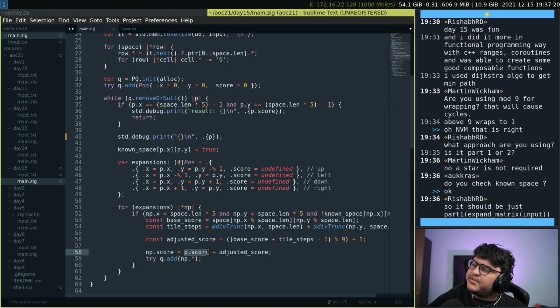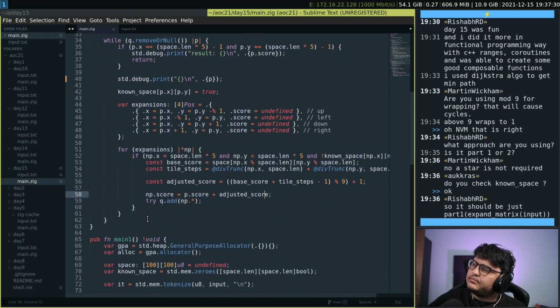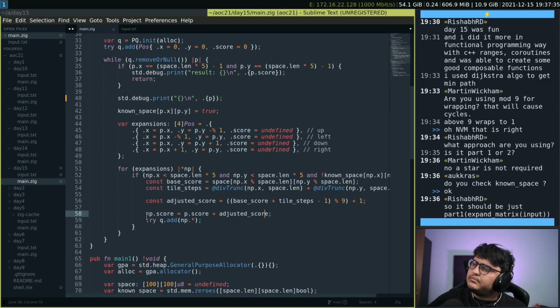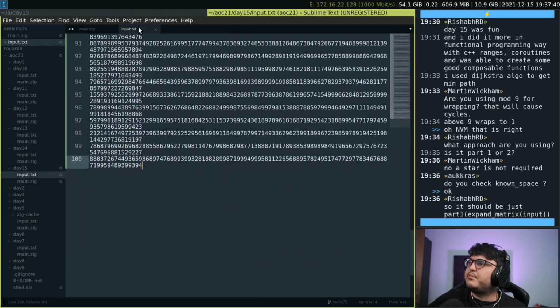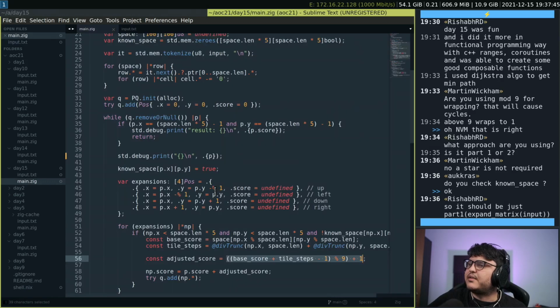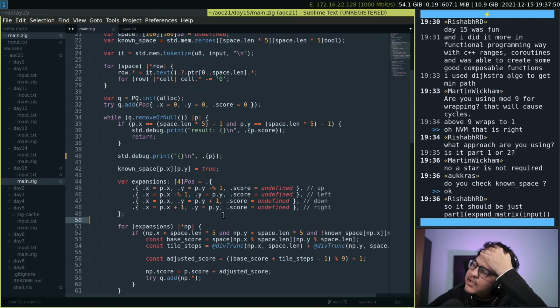So the new points score is score plus adjusted score. I think I can try to print the matrix, but the original input actually worked. I got the correct answer, so I don't think it's a matter of correctness. Then I don't know what it is.